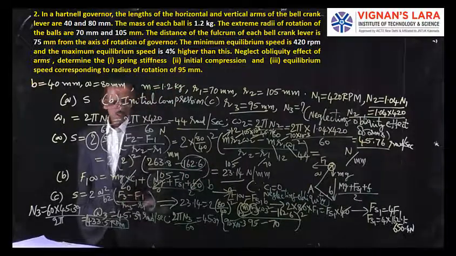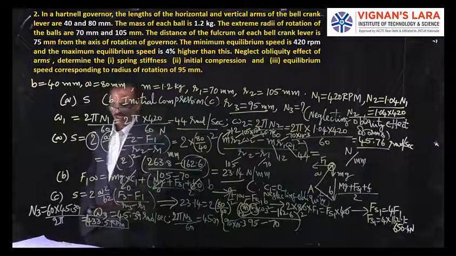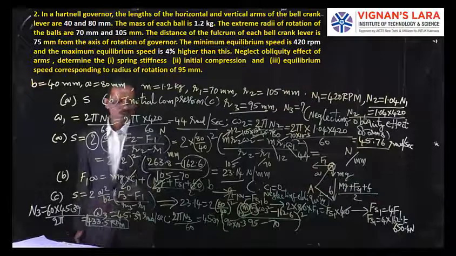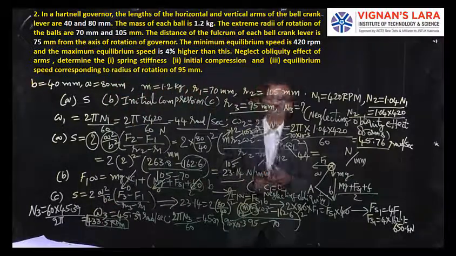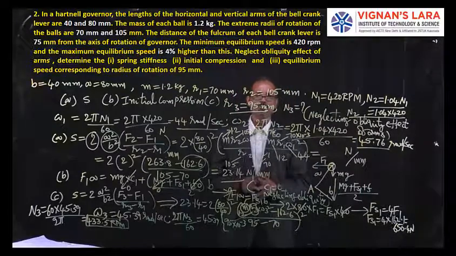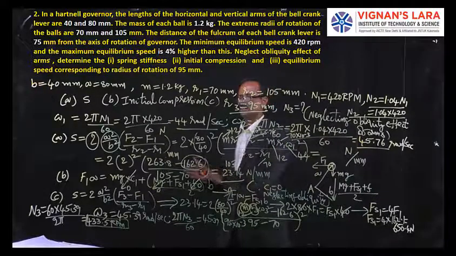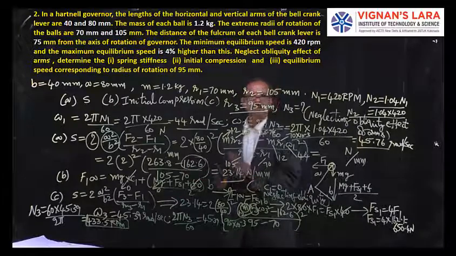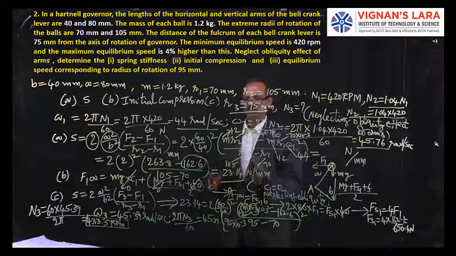So by substituting, I get the value of omega 3, and from that the value of N3. So this is another problem by neglecting the obliquity effect of the arms. In the next class, we will solve a problem by considering the obliquity effect of the arms. That means we don't take A1 equal to A2 equal to A, or B1 equal to B2 equal to B, or C1, C2 equal to 0.